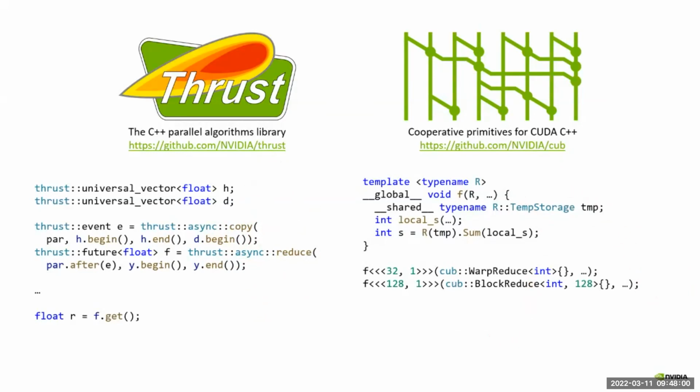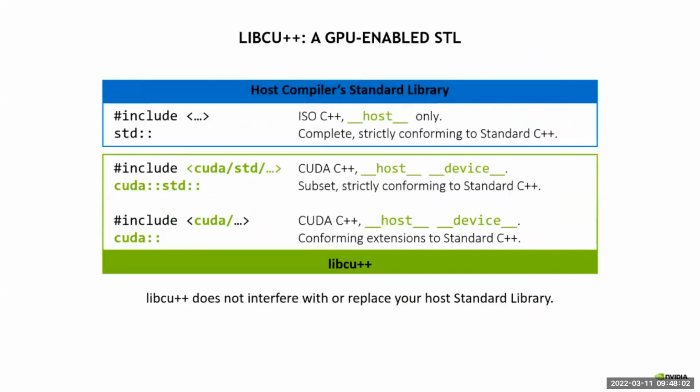The third library I mentioned is libcu++, which is a GPU-enabled standard library. So by default, the standard library comes with your host compiler and it's a complete and strictly conforming version of the standard library. But if you want to use it on the device, many of the functionalities are just not available to you. libcu++ is a way of utilizing a subset of those functionalities on the GPU, and that subset is constantly growing.